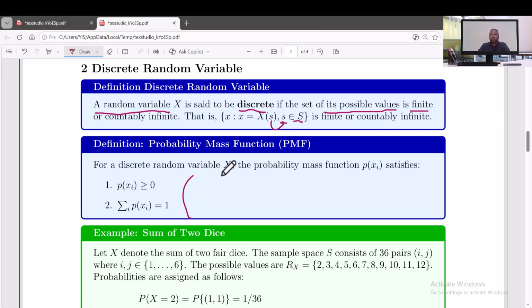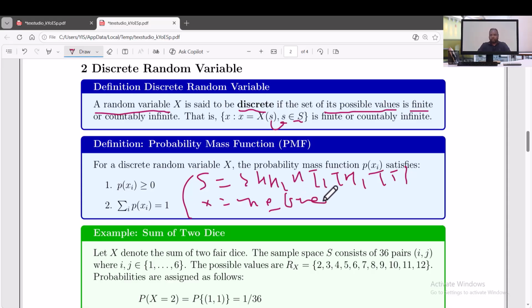Example, tossing a coin twice generates a sample space of HH, HT, TH, TT. If we define X to be the number of heads in each outcome, what will be the possible values of X now? Meaning, what will be the range space for X? It can be either 0, 1, or 2.